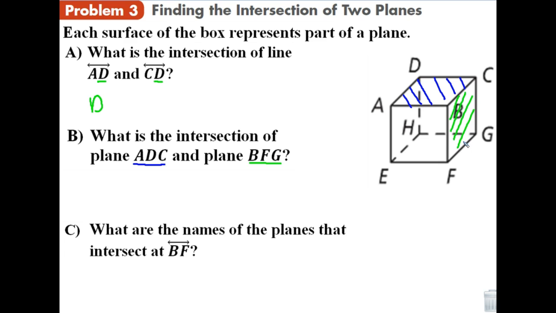So here we're dealing with the top and the right. Our postulate stated that 2 planes intersect in a line. So we're talking about the edge where these 2 sides of the box come together. That line here would be BC. So we'd say segment BC is the intersection of those planes.